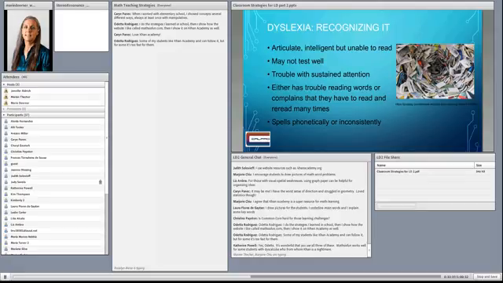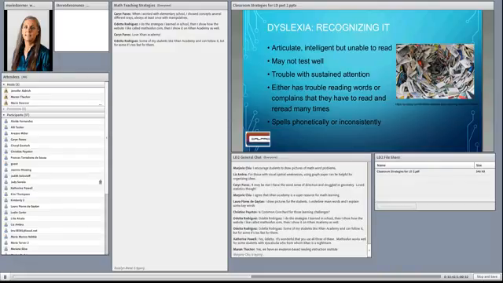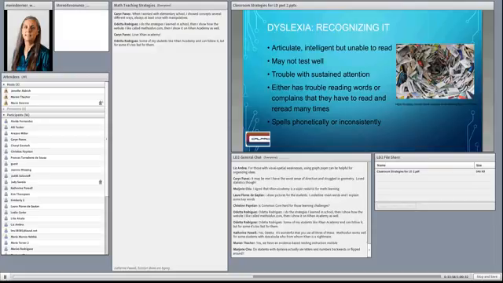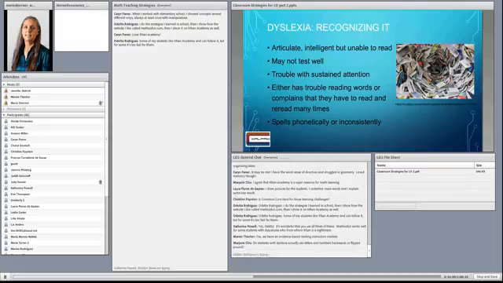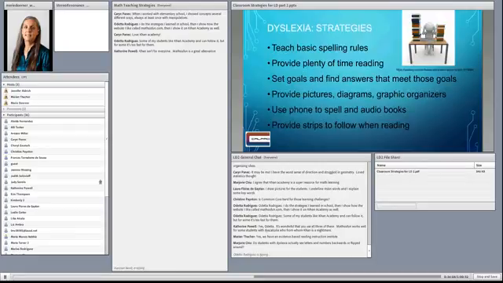It could be that they're struggling with their vocabulary or their comprehension, or that they're reading so slowly that they can't get the comprehension to kick in. So it really hurts. The spelling could either be phonetic, or you can see that the student is just completely guessing at how to spell.